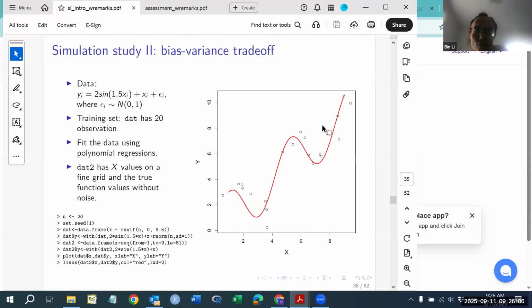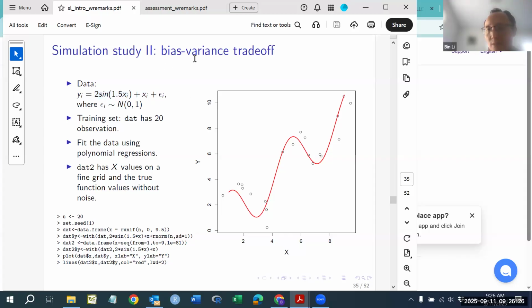Okay, the second simulation is to help you understand the bias-variance trade-off. Here, just like the first one, I designed the data generating mechanism. So y is generated from a nonlinear function.